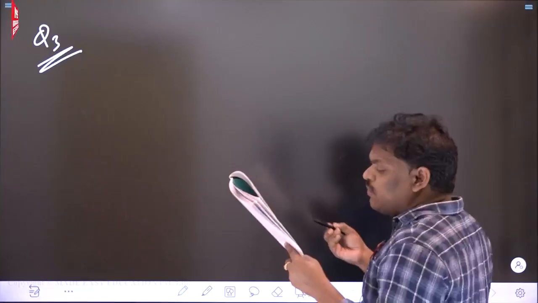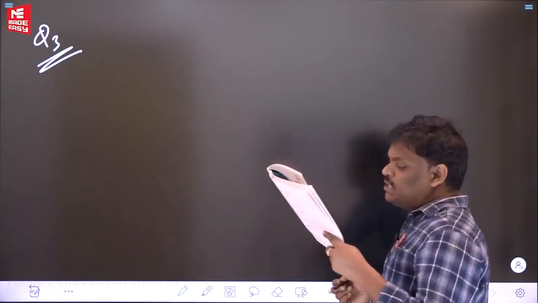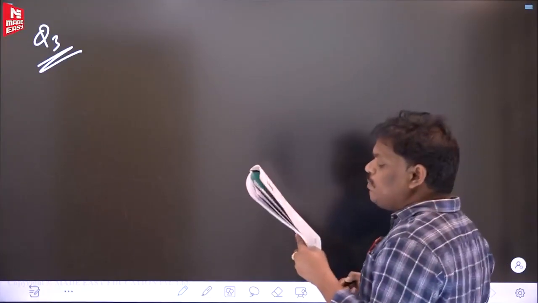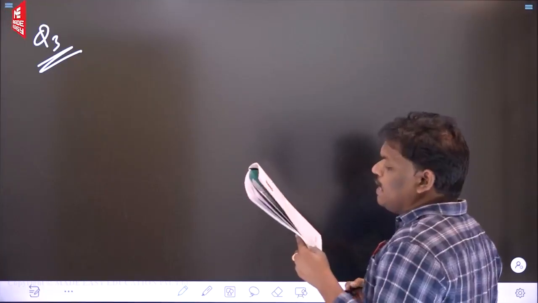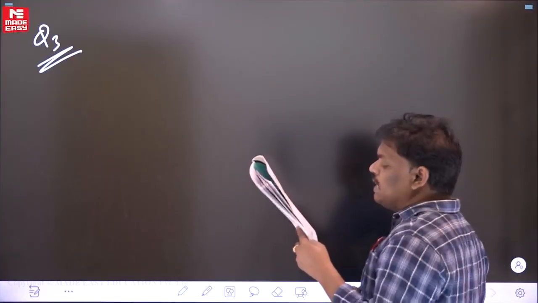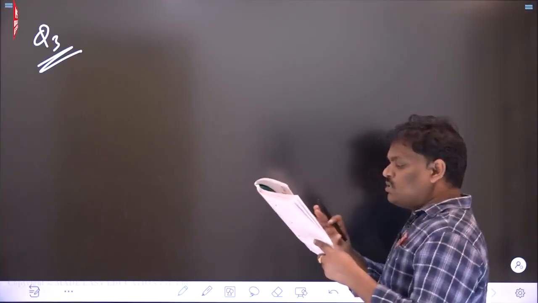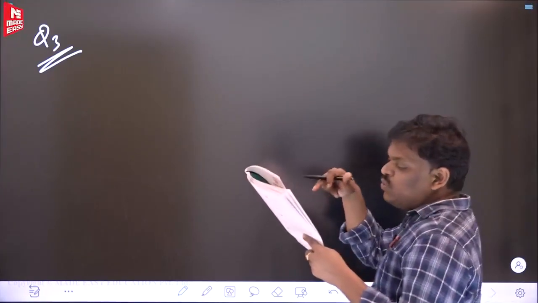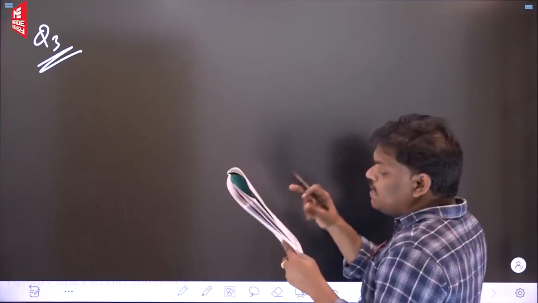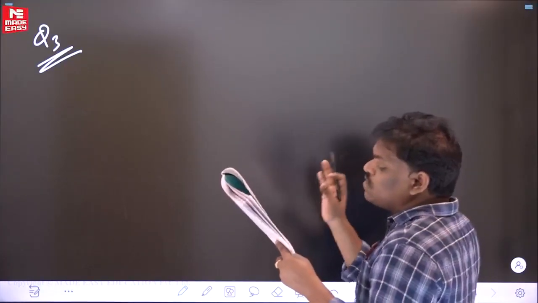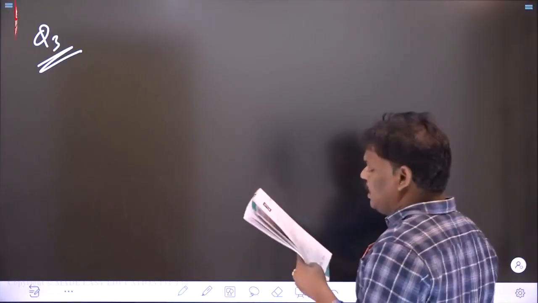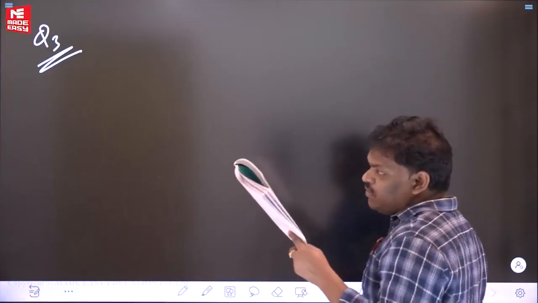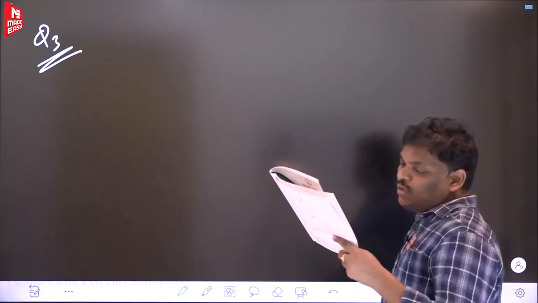One permutation is given, and in that permutation a pair ai, aj is said to be an inversion. The condition you know very well. Now he is asking, so question number 3 is like this.